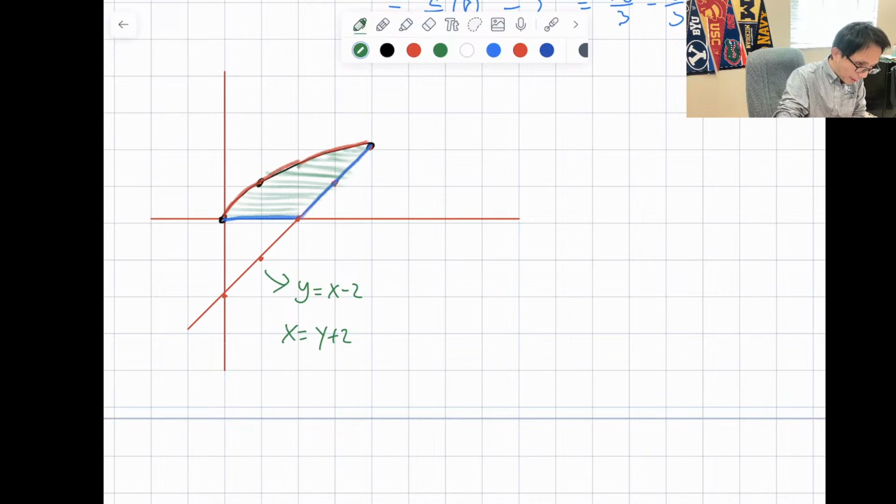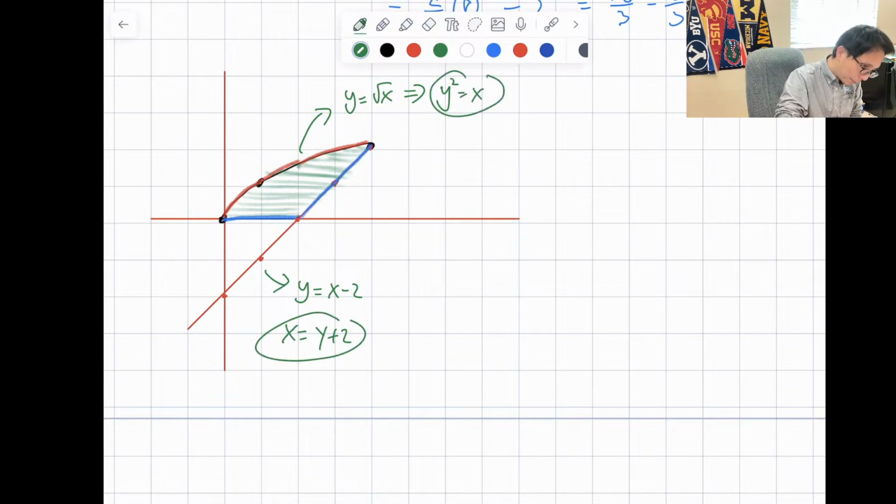How about this function? Y equals square root of X. If I solve for X, it's Y squared equals X, right? So we got these 2 new functions. I'm going to rewrite this. It's going to be X equals Y squared, and this is X equals Y plus 2.